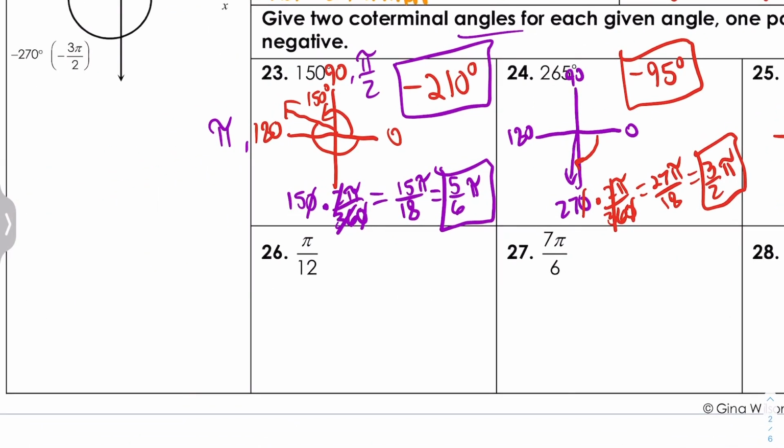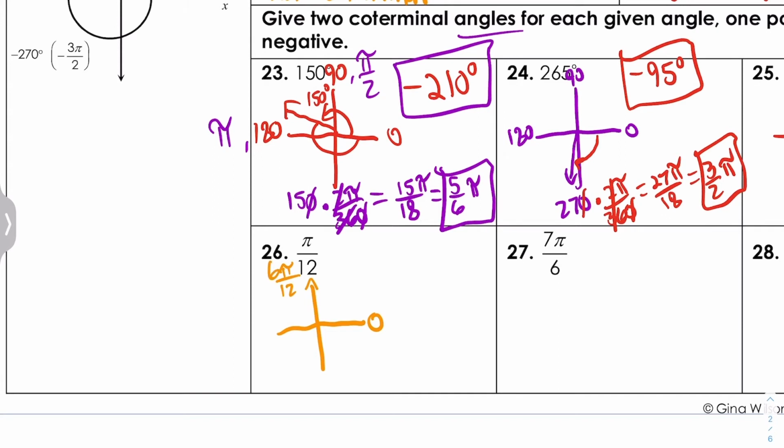Now we go from radians to the other ones. Pi over 12. Straight up is pi over 2. Let's convert this pi over 2 real quick. If we convert pi over 2 into twelfths, then straight up would be 6 pi over 12, since half of 12 is 6.